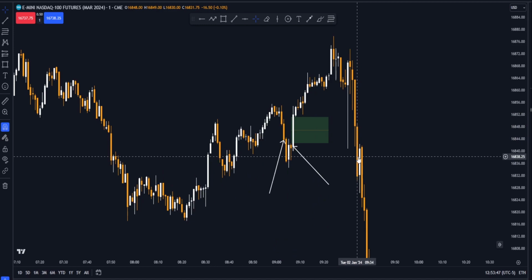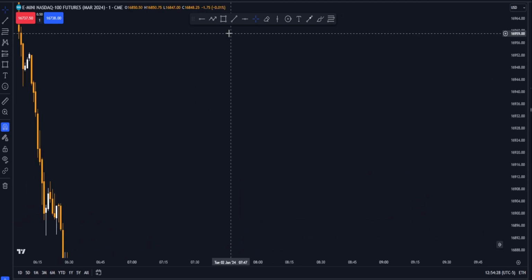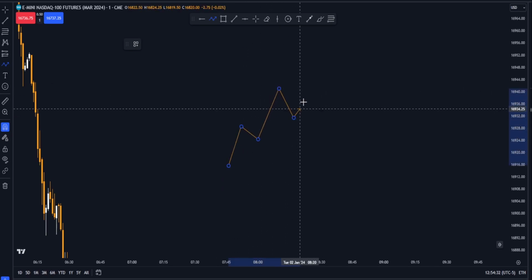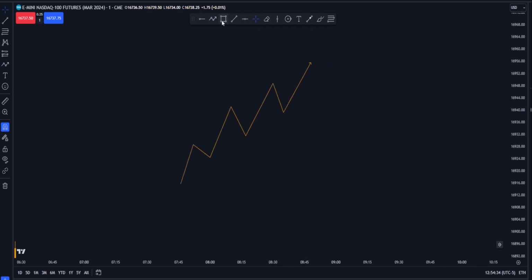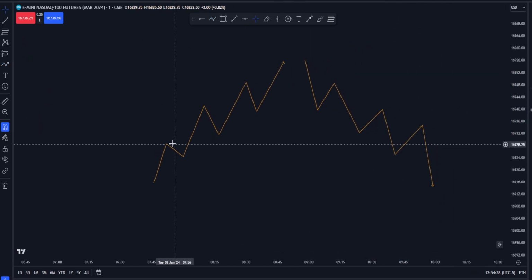Now that we all know what fair value gap is, let me show you the strategy. Also guys, in this video, I'm going to show you some backtesting so you can all see how this works together. So the first thing you need to know is where the market is going. We are either bullish or bearish. That's simple market structure.